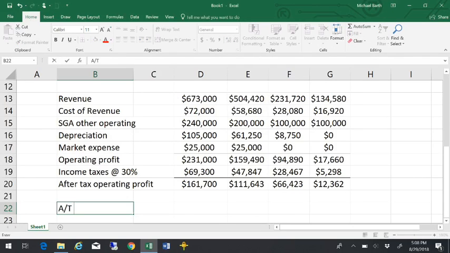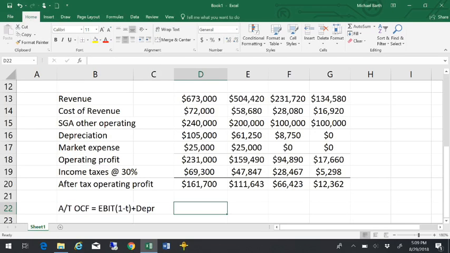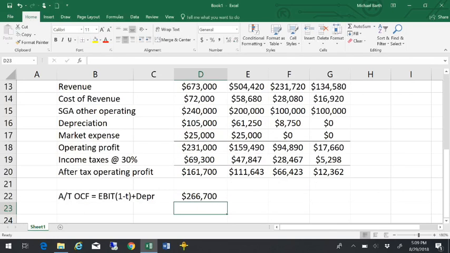After-tax operating cash flow is EBIT times 1 minus the tax rate plus depreciation. So after-tax operating profit is EBIT times 1 minus T, and then add back the depreciation expenses. That's the actual cash flow for the year.